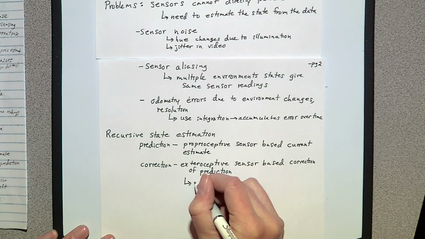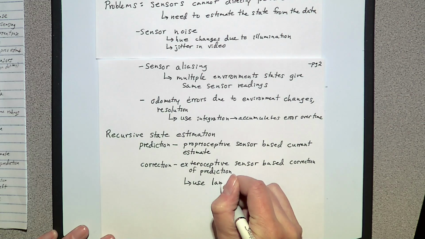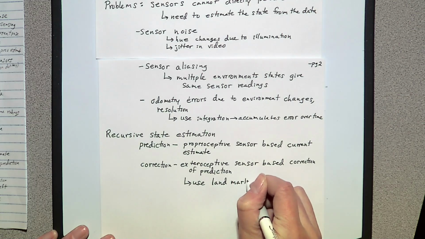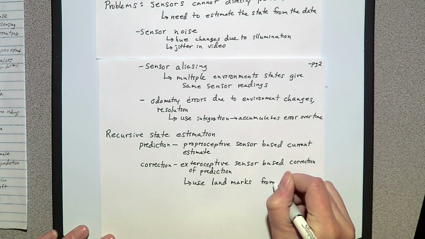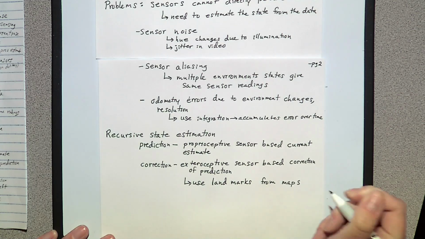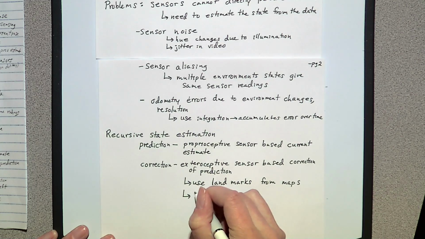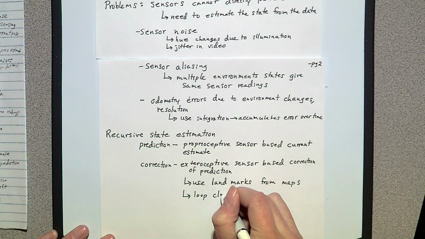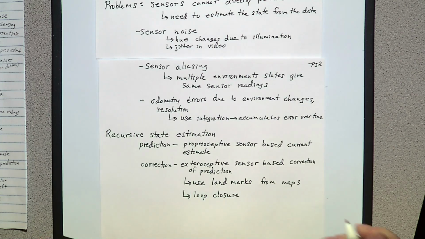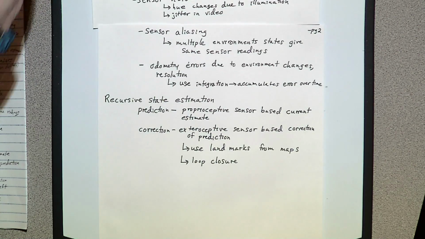And so we could use landmarks, and another thing that we might use is what's called loop closure. So what loop closure is, say that you're wandering around in the woods, and then all of a sudden you come across a stone or a tree that you've already seen before, right? And so that means that you've completed the loop. And so you can use that.